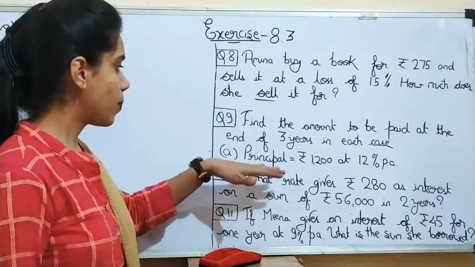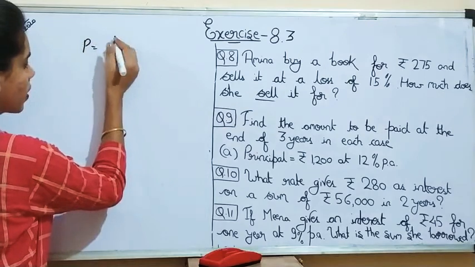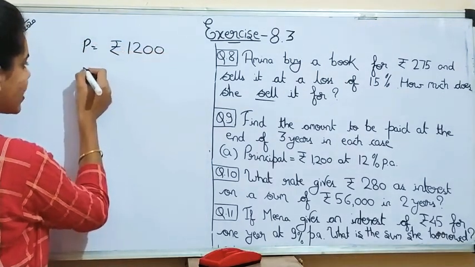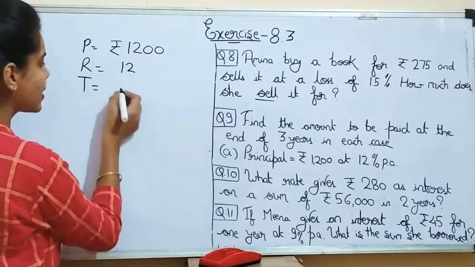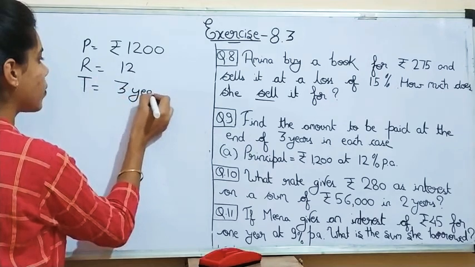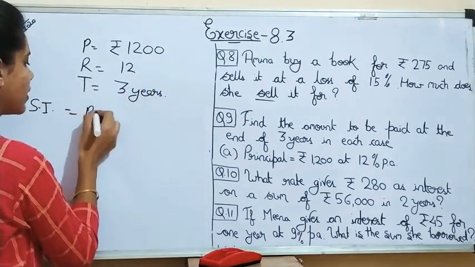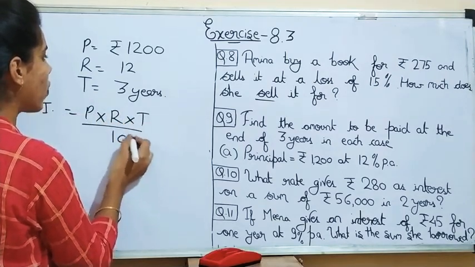So the principal is given, which is rupees 1200. The rate of interest is 12, and the time is given, which is 3 years. The formula for simple interest is PRT upon 100, that is P into R into T upon 100. What is principal?